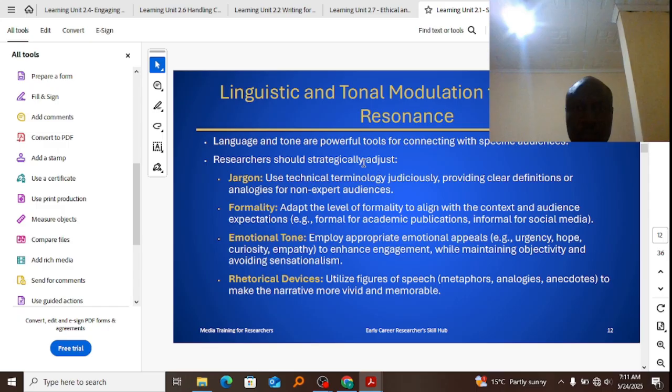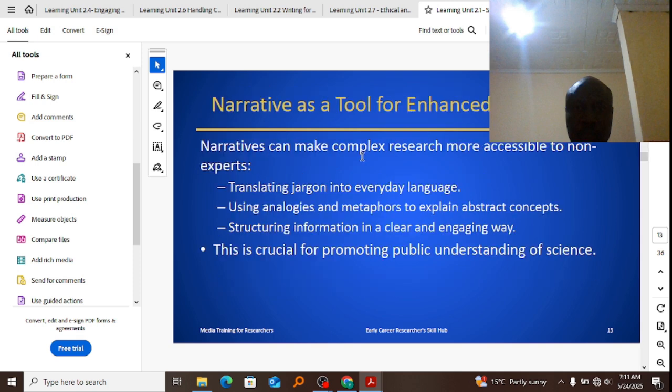Rhetorical devices: utilize figures of speech, metaphors, analogies, anecdotes to make the narrative more vivid and memorable. So be creative, come up with these rhetorical devices so that you can make it appealing and interesting, because you want people to listen to you and to your findings.